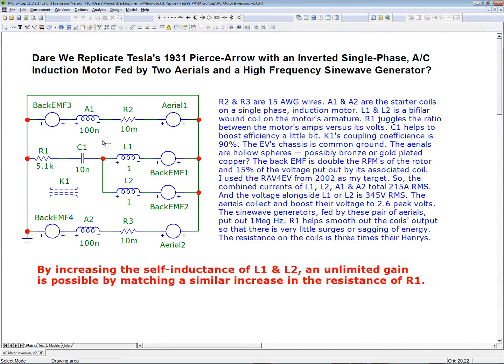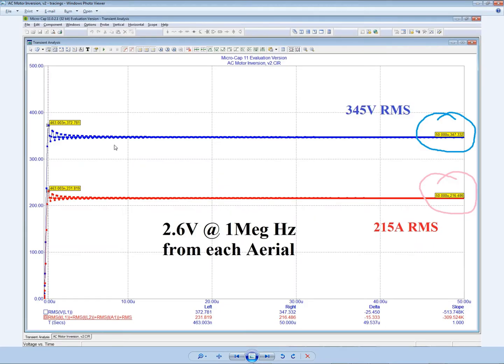Oh, okay. To measure voltage, I took the voltage reading of just one of these coils, L1 or L2, because these are the places that have the highest voltage. The A1 and A2 have extremely low voltage. So I took the voltage of just one of these coils, L1 was my example, and it has a surge in the beginning, and then it flattens out very quickly. So in 50 microseconds, I was able to get a very stable RMS reading of 345 volts RMS and 215 amps RMS.